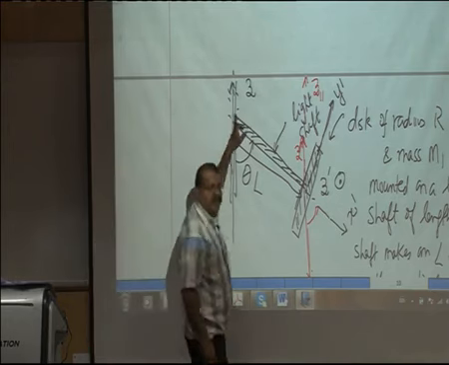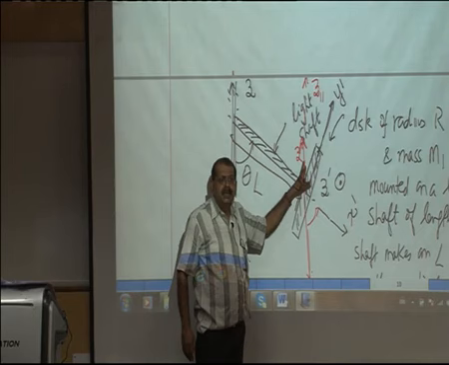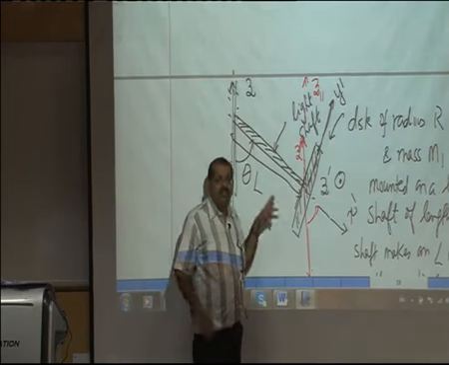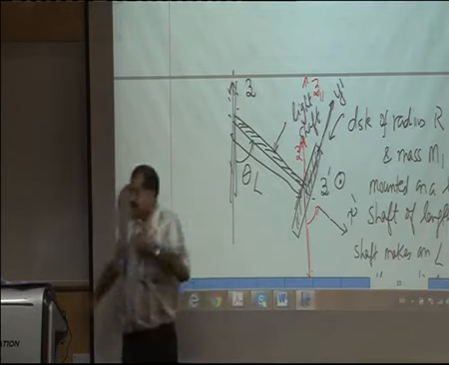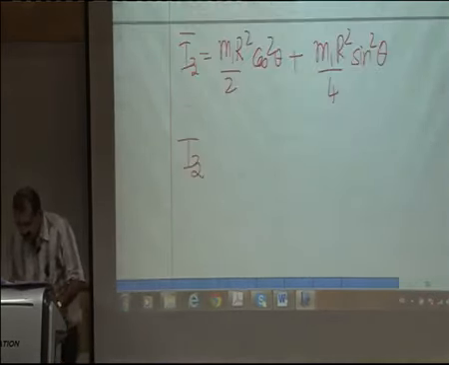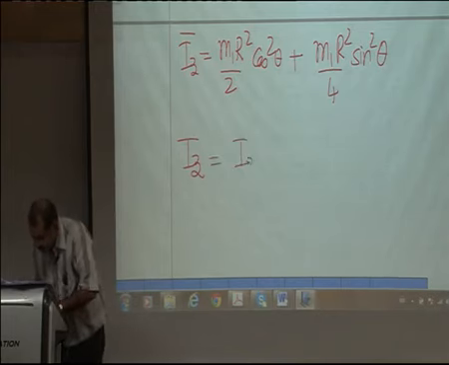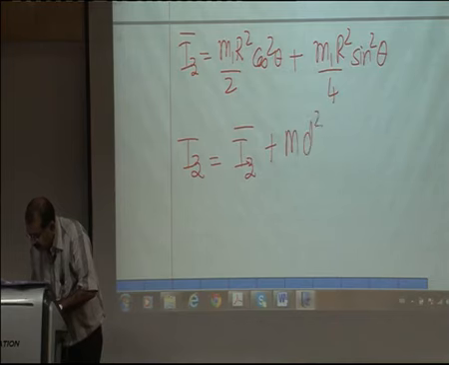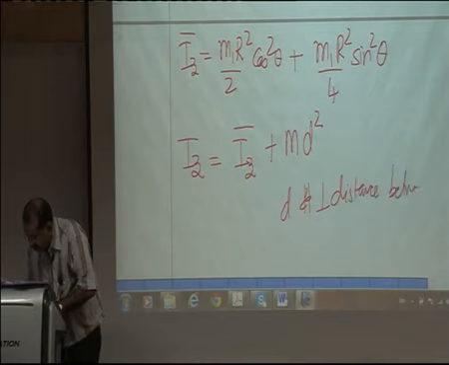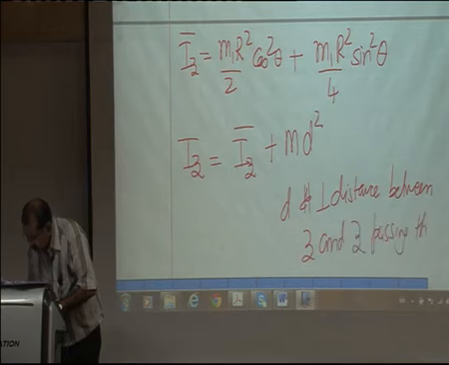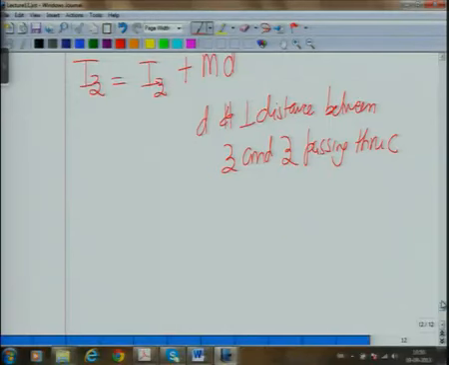So I about z will be equal to I about the centroidal z bar plus m times d square, where d is the perpendicular distance between z and the axis passing through C, and this perpendicular distance is equal to L sin theta.